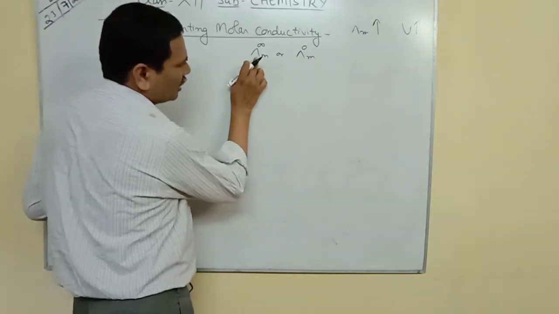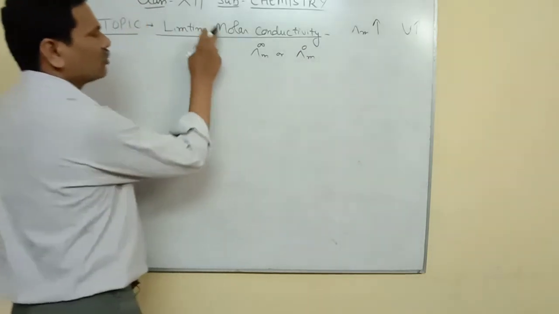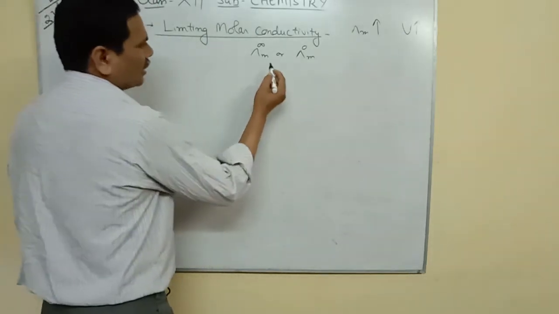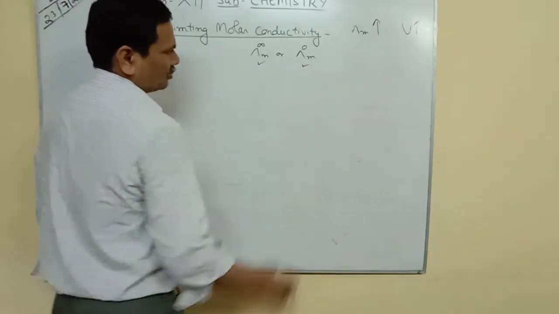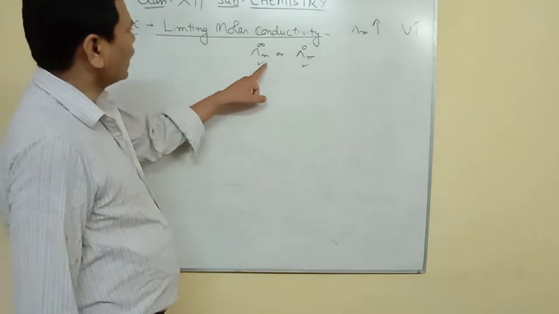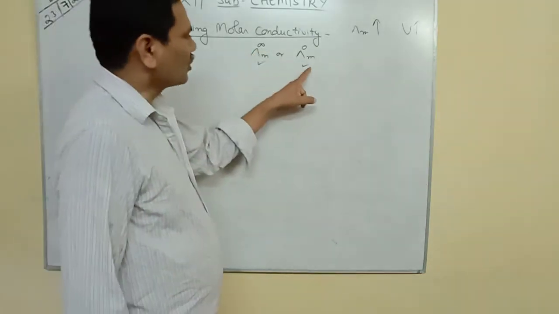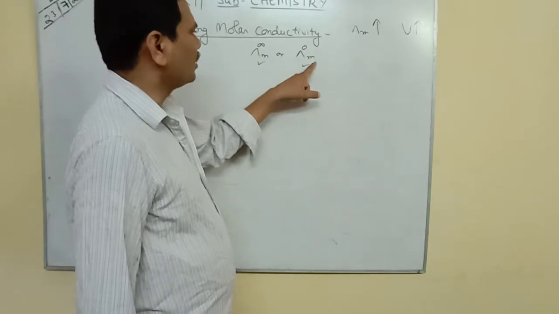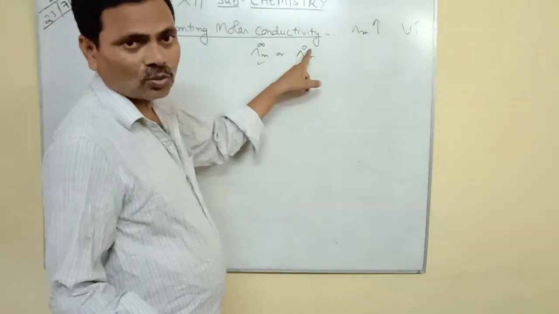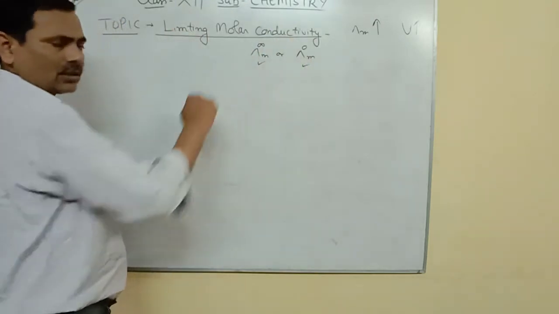This is limiting molar conductivity, and it can be denoted by this symbol or this one. It means molar conductivity at infinite dilution, or molar conductivity when concentration is zero. That is called limiting molar conductivity.